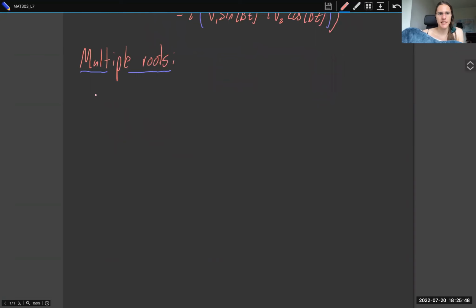I'll show you the really simple case, case 1. Case 1 happens when you have something like, let's say, A is equal to 2, 0, 0, 2. So this is just a multiple of the identity matrix, right?